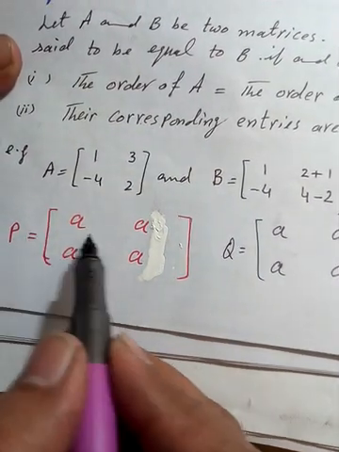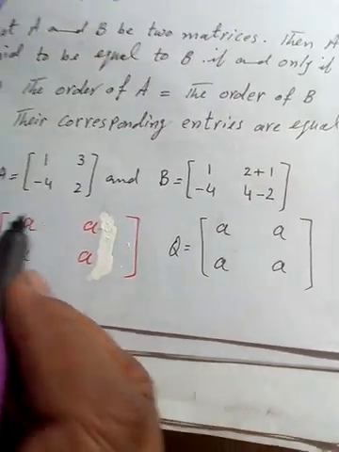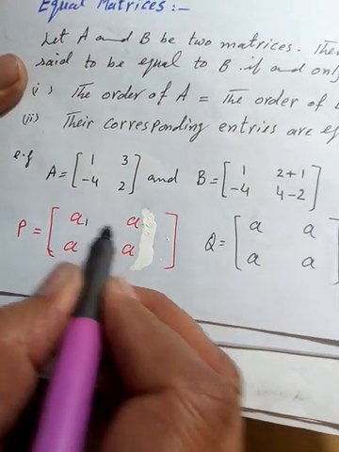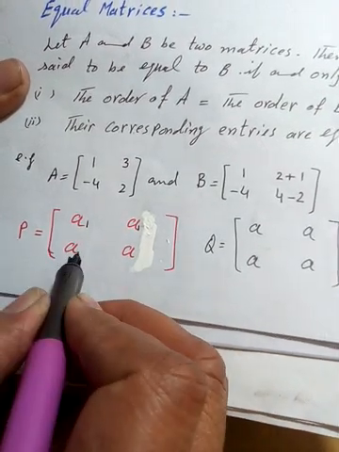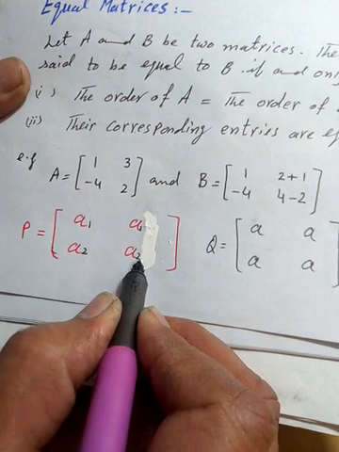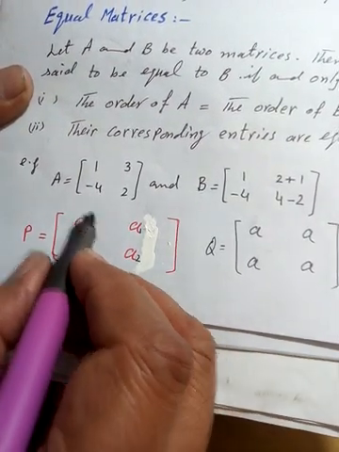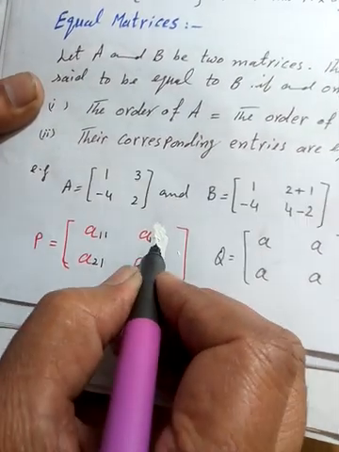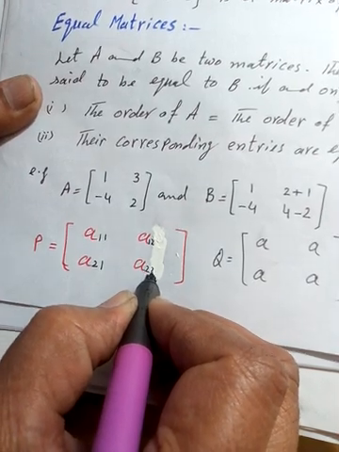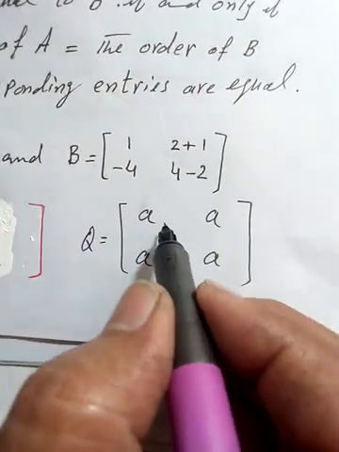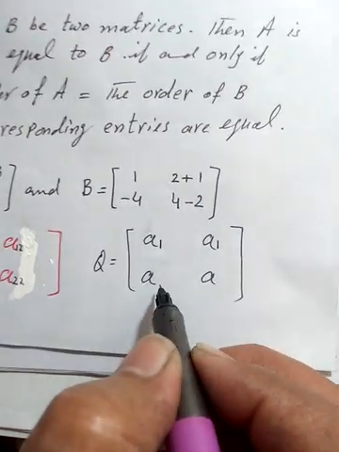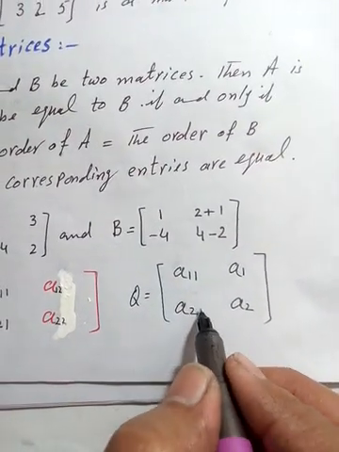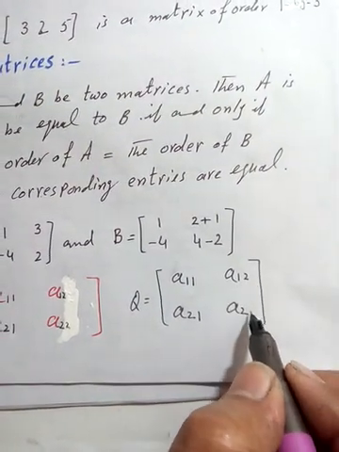This is matrix P and this is matrix Q. In the first matrix, this is row number 1, this is row number 2, and this is column number 1 and column number 2. In the second matrix, likewise, row number 1, row number 2, column number 1, column number 2.